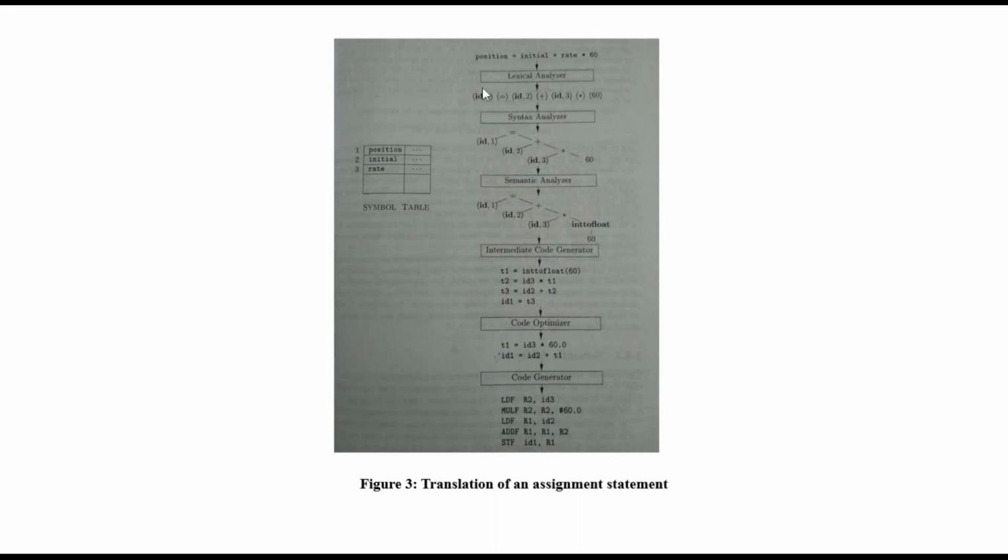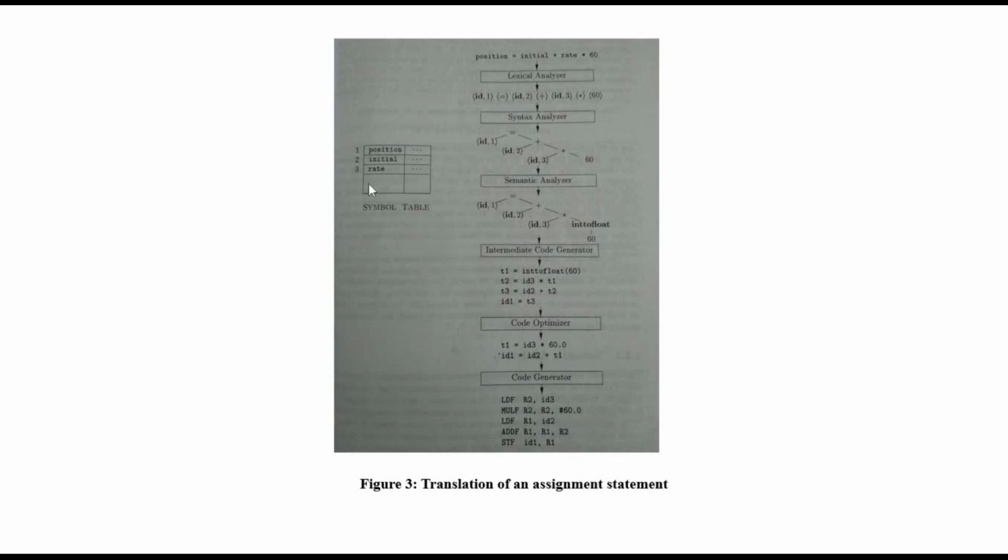It generates the token stream, which is passed to the syntax analyzer, which generates the syntax tree, passed to the semantic analyzer, which generates the annotated parse tree. It is passed to the intermediate code generator, which generates the three address code. This three address code is passed to the code optimizer, which optimizes the code, and this optimized code is passed to the code generator. Then finally your target program is generated.